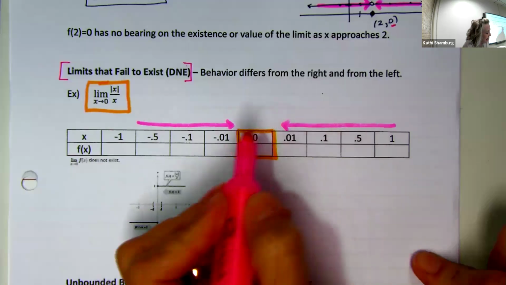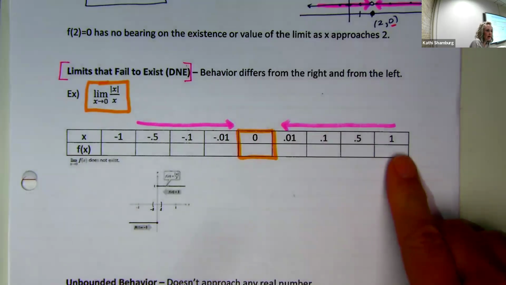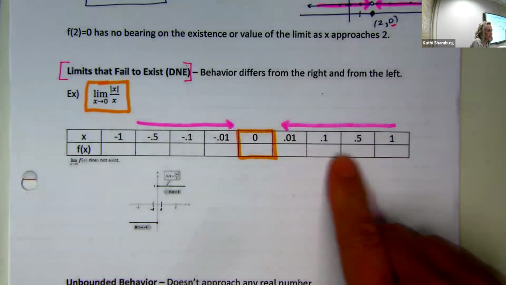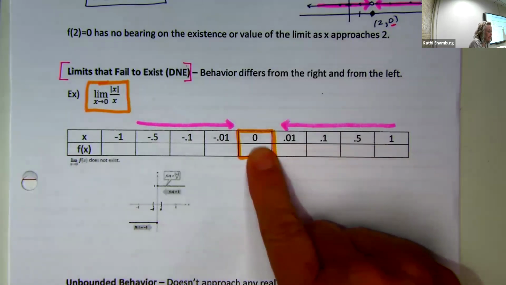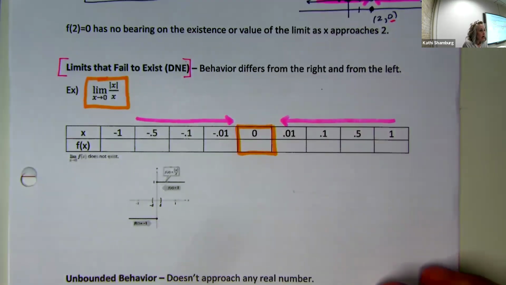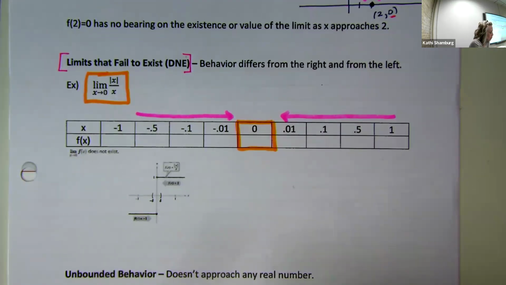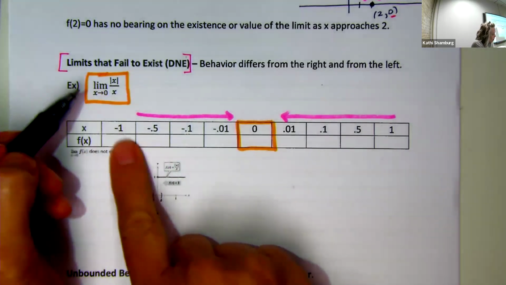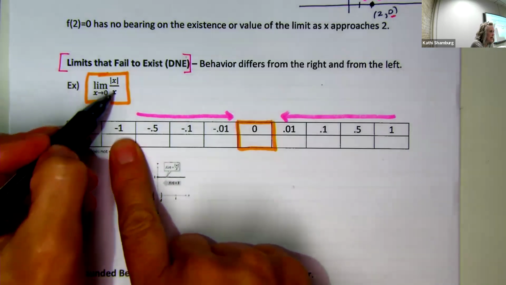What is this doing as the x coordinate approaches 0 from the right? And as you can tell, these numbers are getting closer and closer and closer to the x value of 0. Okay, so if you were to look at this and start plugging these numbers in, you would have the absolute value of -1 is 1 divided by -1.